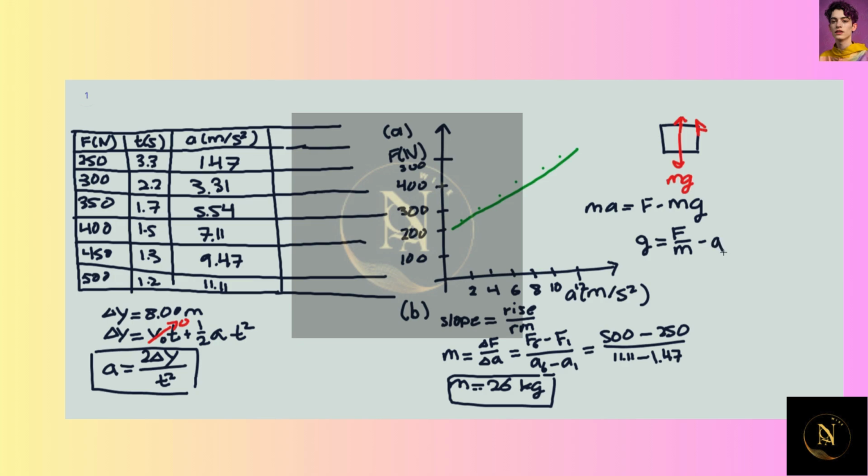That's our expression right here, and then we can just start plugging in numbers. For calculating the gravitational acceleration, you can pick any data point, so I picked one close to the center. I chose the 350 newtons one, using the mass we just calculated and the corresponding acceleration, which was 5.54, in order to get a g of 7.9 meters per second squared.